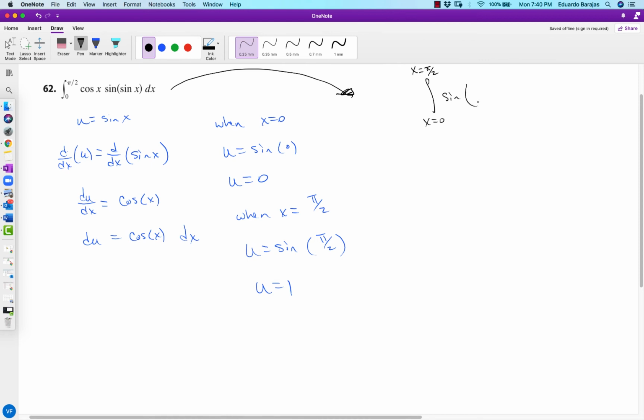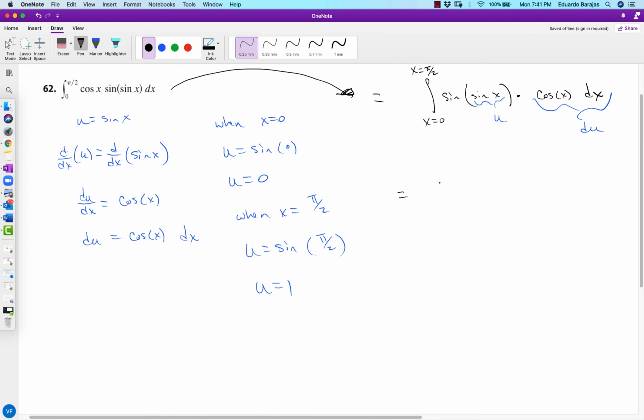This is sine of x times cosine x dx. So this is going to be my du. Cosine x dx is my du. And then this is going to be my u. And I already have my limits of integration changed.